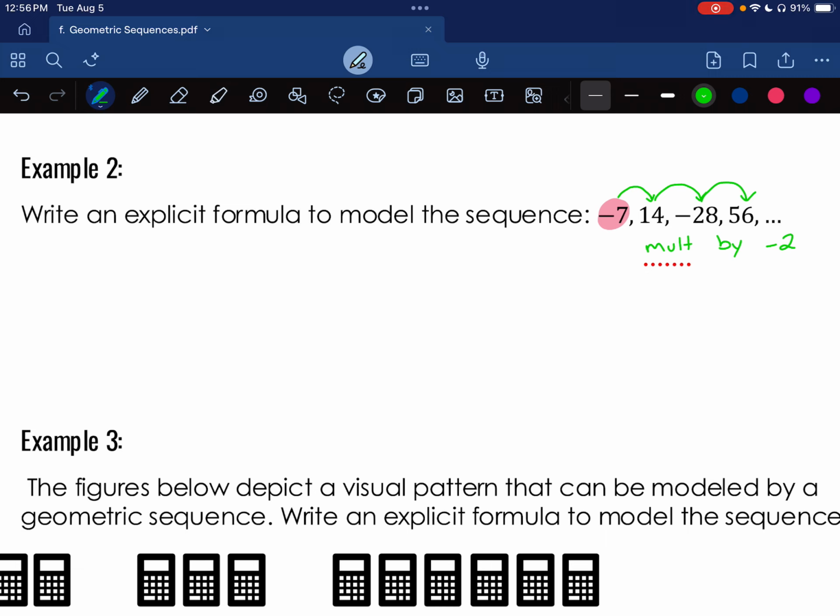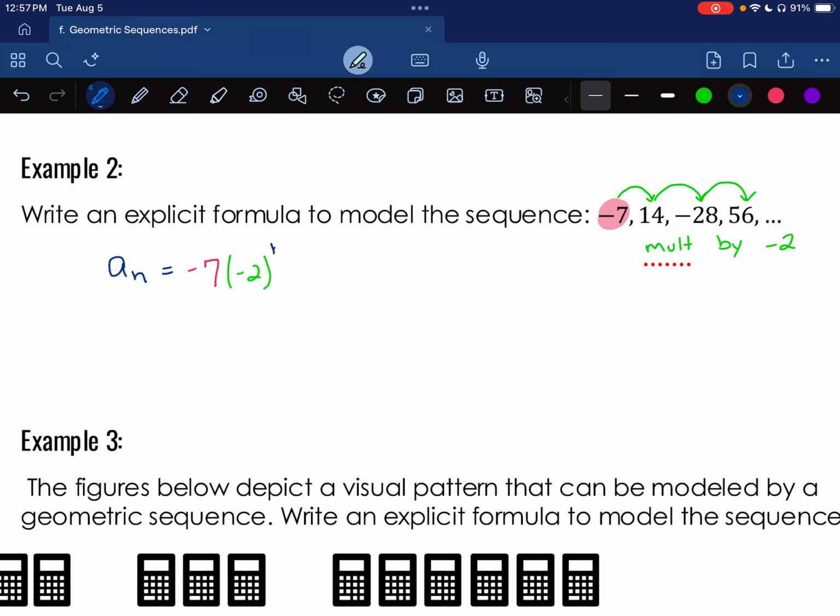Sorry. Oh, the choice of being a chronically ill teacher. So we have a sub n is equal to -7, that starting amount, times -2, that's being raised to n minus 1.